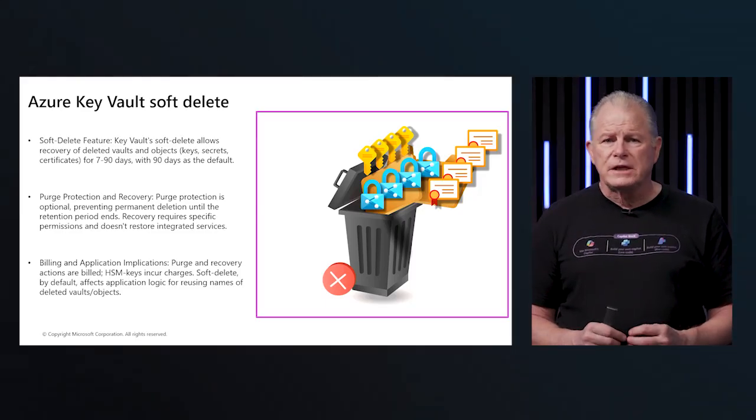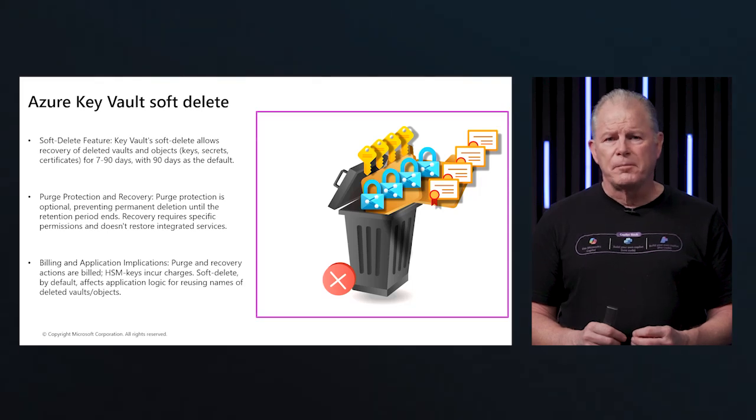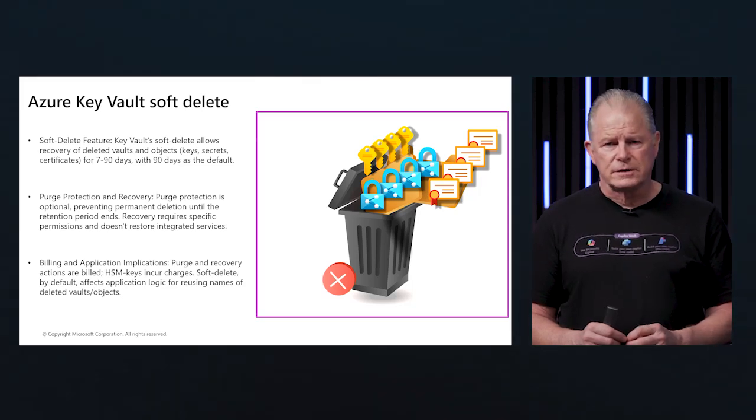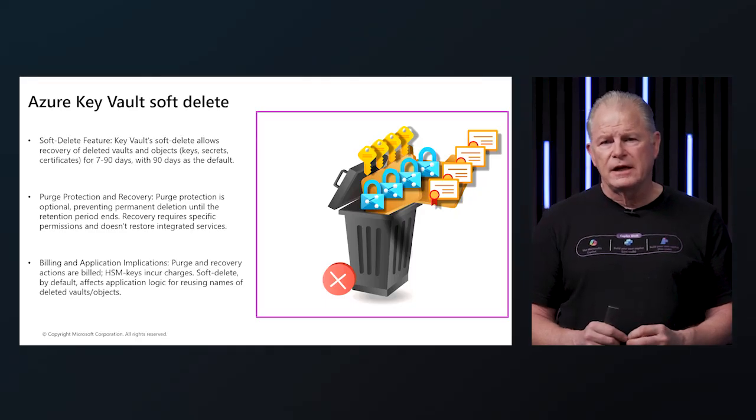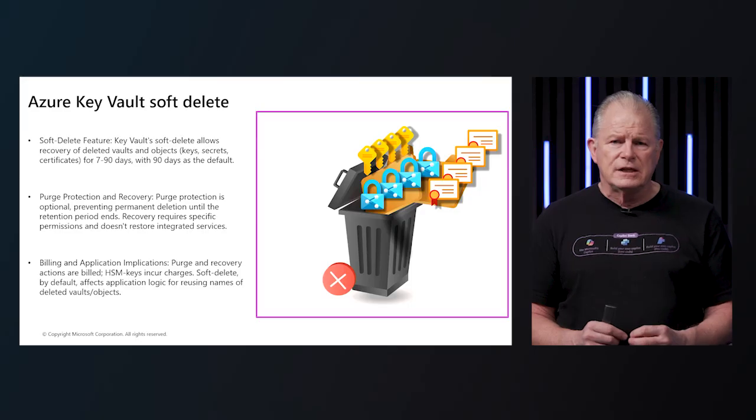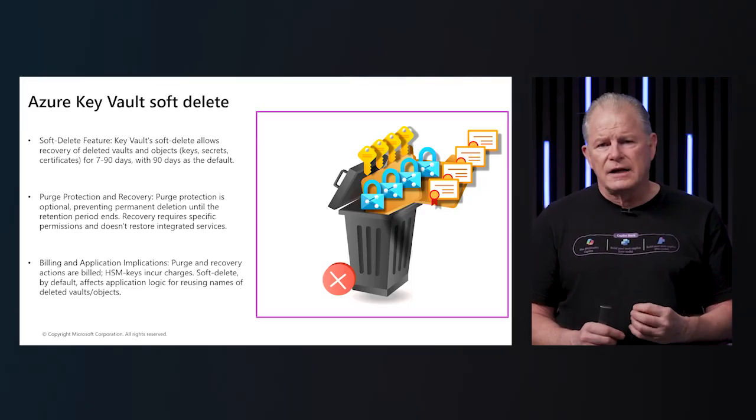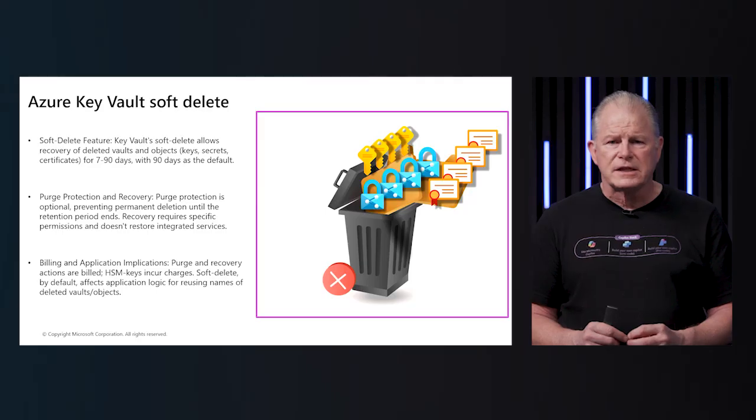Actions related to purging and recovering Key Vault objects are billed as normal Key Vault operations. For HSM-protected keys, charges apply if a key version has been used in the last 30 days. Additionally, soft delete affects application logic, as names of deleted vaults and objects cannot be reused until they are purged from the soft delete state.